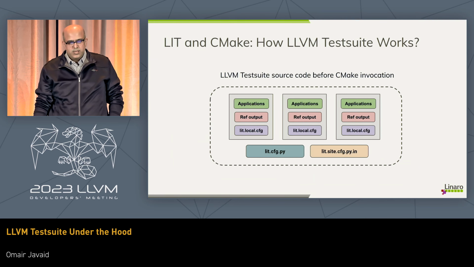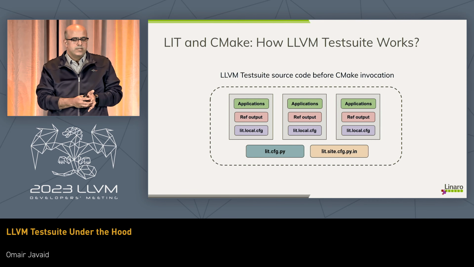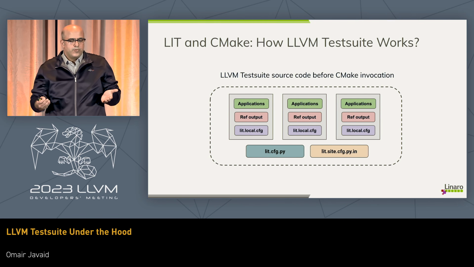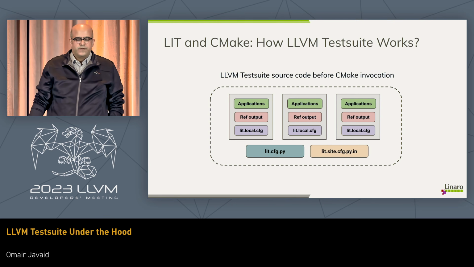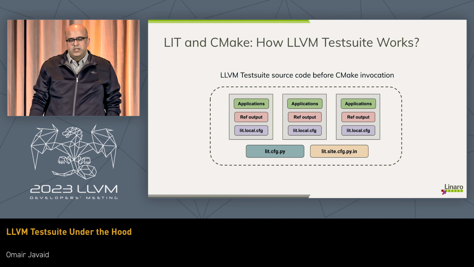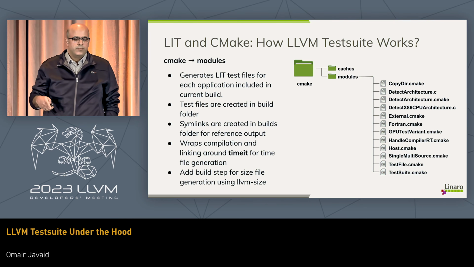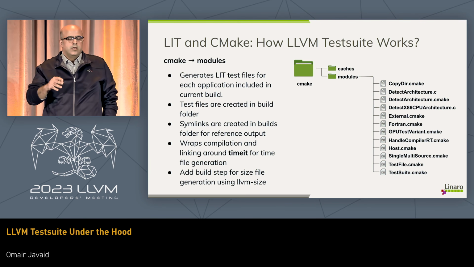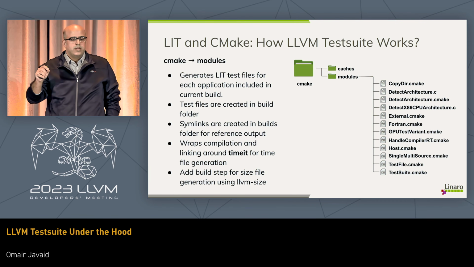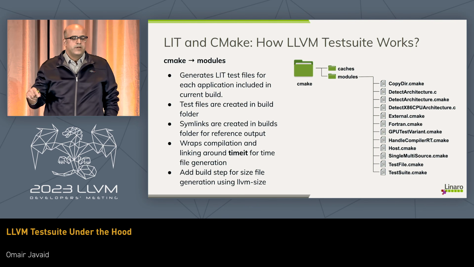So with LLVM Test Suite, it is different because we have real-world applications and we don't have the test files in there. So we put in a reference output, and we have put in a mechanism to generate those test files within LLVM. So we have a CMake directory in the main source tree. It has the CMake modules which are run whenever a build is created, and that build actually generates the test files for us, which will be run by lit.